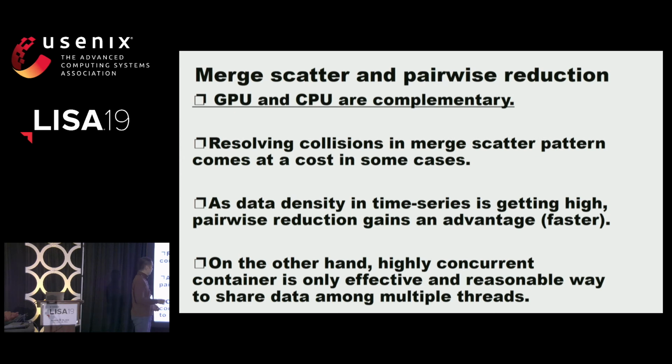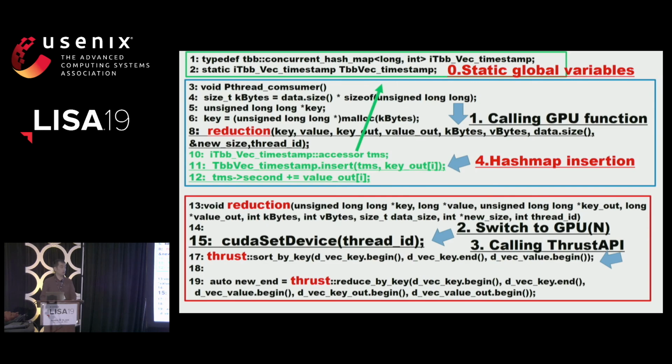But at the same time, the currently highly concurrent container, which drives merge scatter pattern, is the only effective and reasonable way to share data among multiple threads.